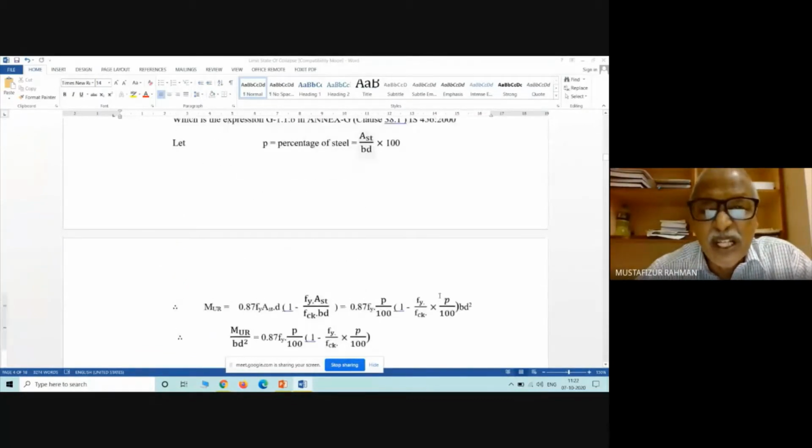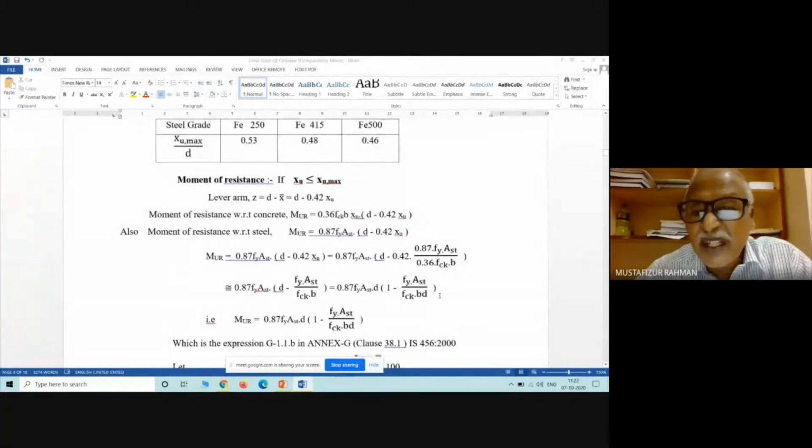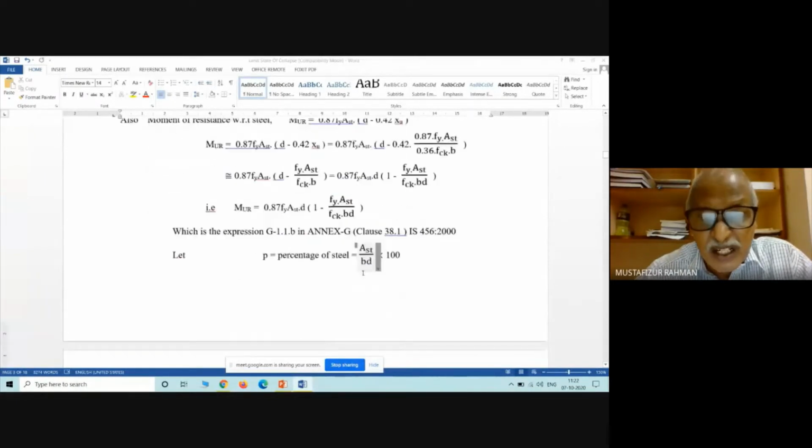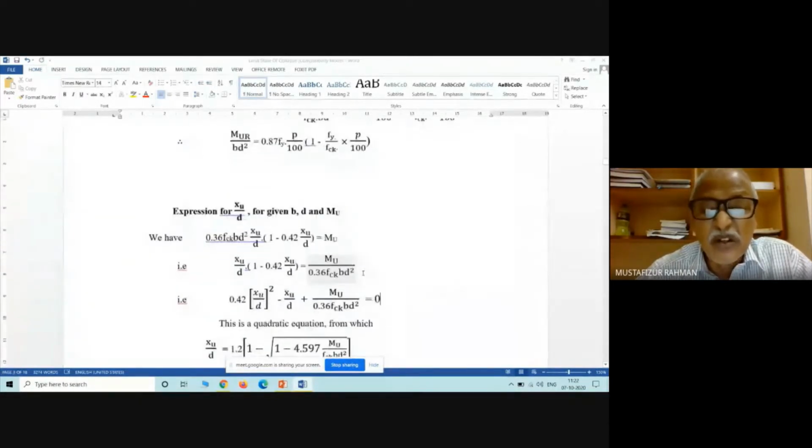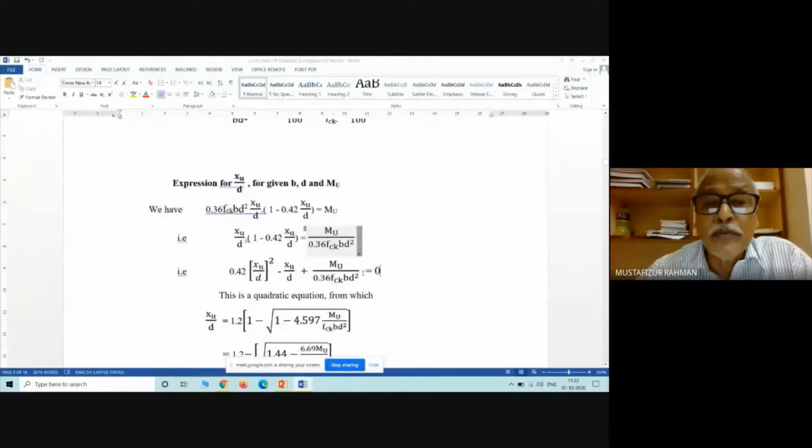It is available in your notes itself. So this is a constant, and from this we will be able to find out this. Now this will be required for comparison when we solve the problem.